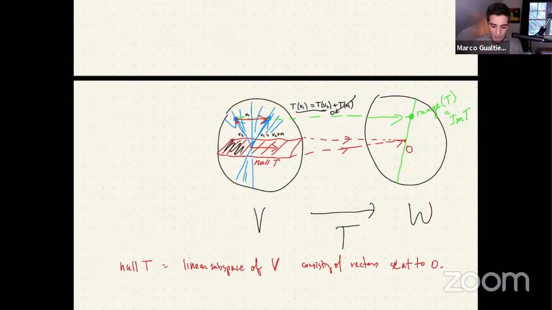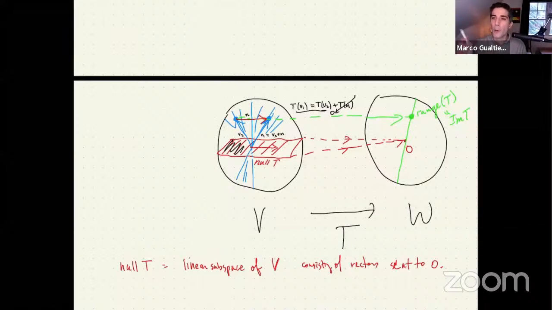And if they differ by something in the null space, then they represent the same point in the range. So in the end, the range can be represented by the equivalence classes of vectors in V, where we consider two vectors to be equivalent when they differ by something in the null space.